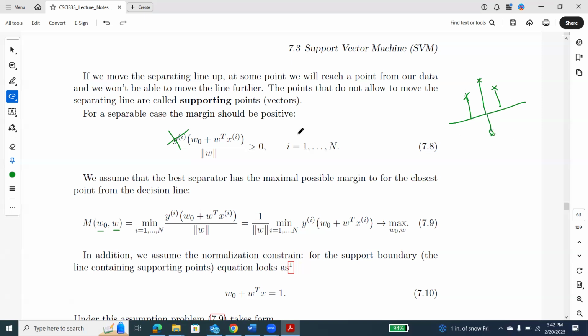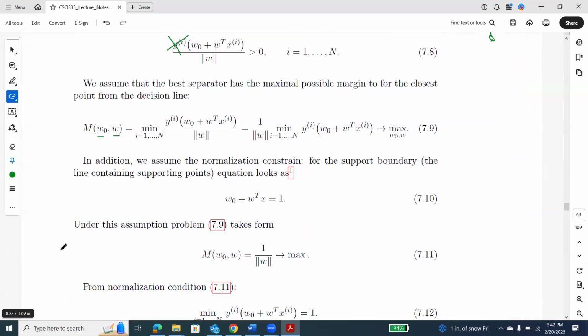So we calculate all possible distances and choose the smallest one, which we denote by m. This is just the mathematical formulation of the text description: the distance to the nearest point. And as we stated, we want to maximize this smallest distance.